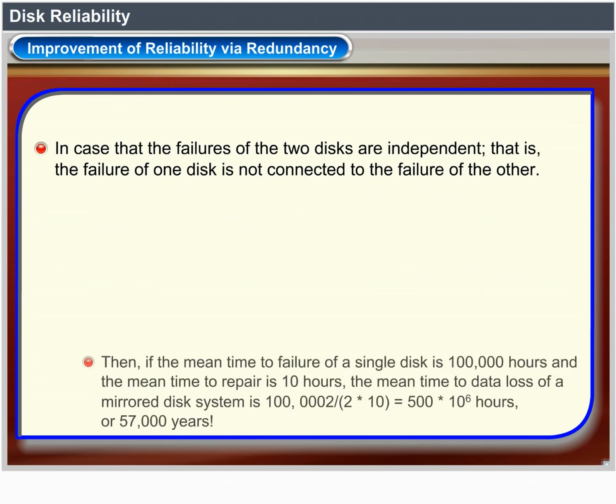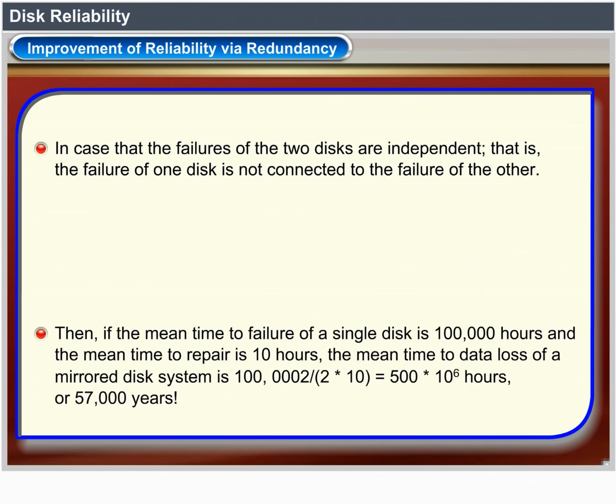Then, if the mean time to failure of a single disk is 100,000 hours and the mean time to repair is 10 hours, the mean time to data loss of a mirrored disk system is 100,000 squared divided by (2 times 10) equals 500 times 10 to the power of 6 hours, or 57,000 years.